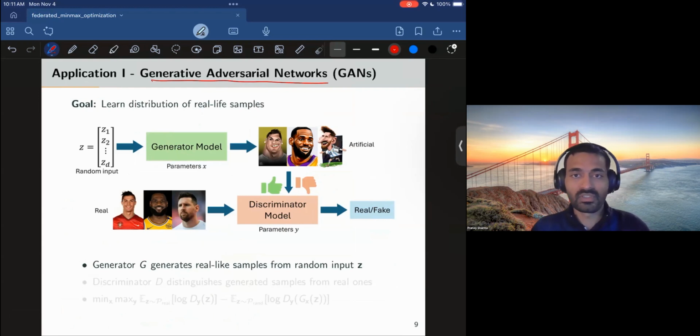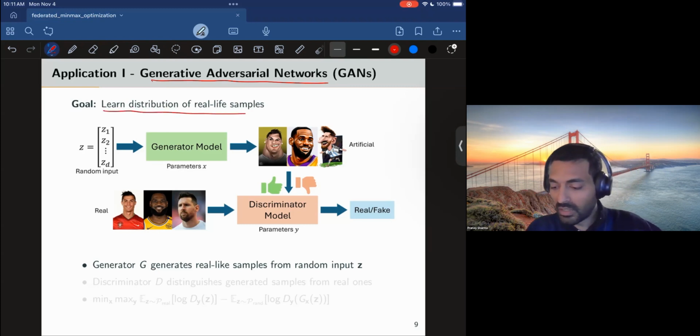This was proposed about 10 years back in a very popular paper. And it is used to artificially generate data. The goal is we want to learn the distribution of real life samples. So we want to learn the distribution D from which real life images come from, right?